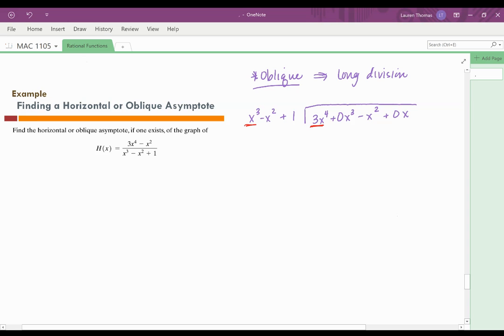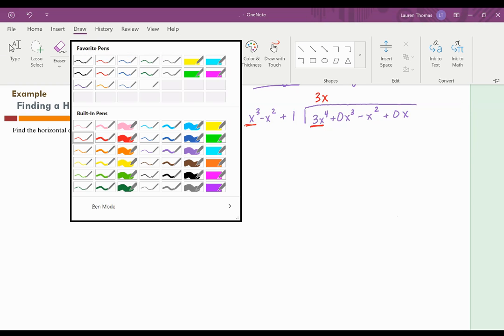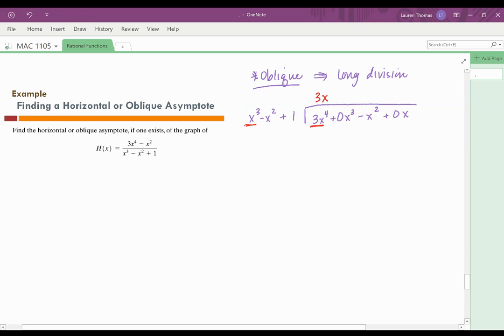So I want to ask myself, what times x cubed is going to give me 3x to the fourth? Well, 3x would. Okay, so I'm going to take 3x and I'm going to multiply by every term that's in the divisor. Okay, see if I can get some consistency. There we go.